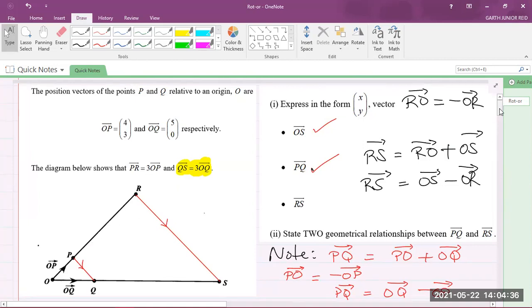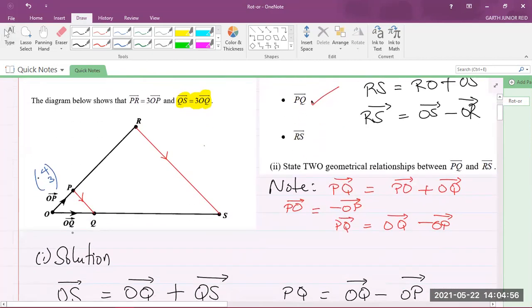So what I'm going to do is fill in the information that we know in the diagram here. We know that the vector OP is (4, 3). They gave that to us. We know the vector OQ, which is (5, 0). They also gave that to us here. Now, what would be the vector QS?